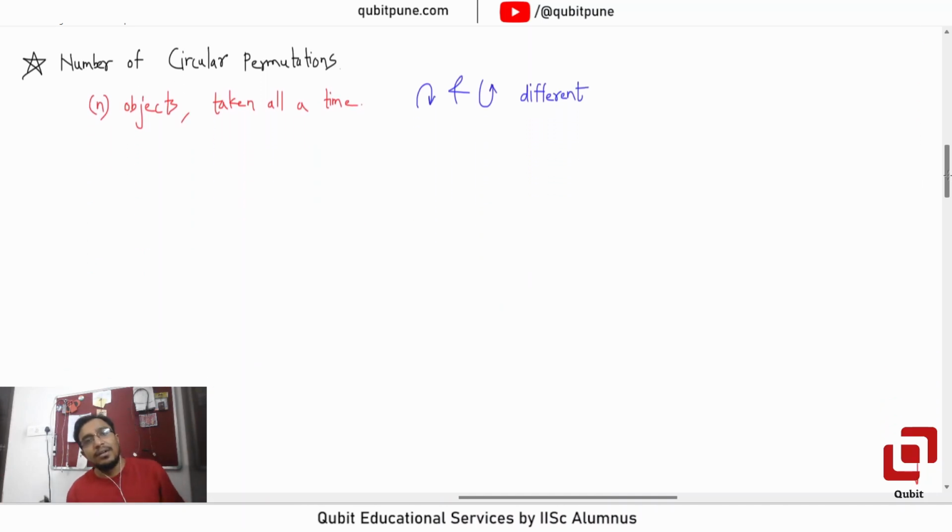Fourth is the case of circular permutations. There are n objects to be arranged in a circle and we are going to pick all of them at a time. Suppose we treat clockwise and anti-clockwise arrangements as different arrangements, then the number of circular permutations is n minus 1 factorial, because associated with every circular permutation there are n linear permutations.